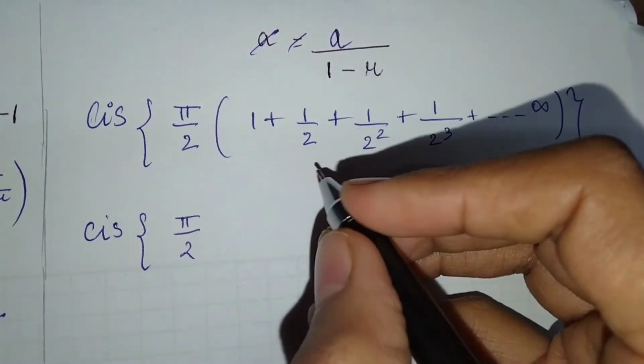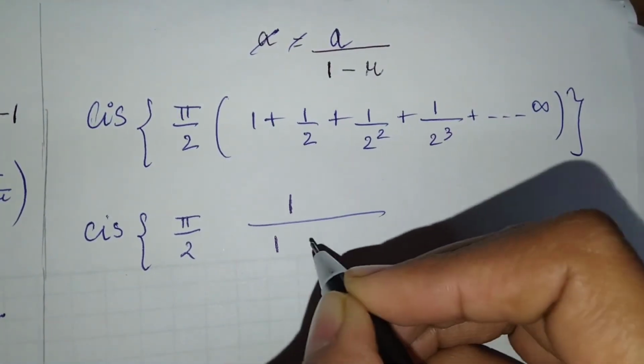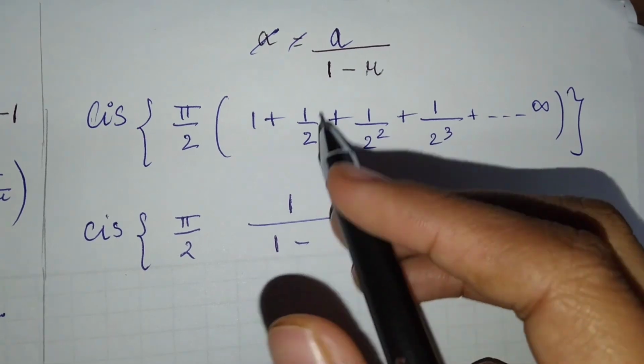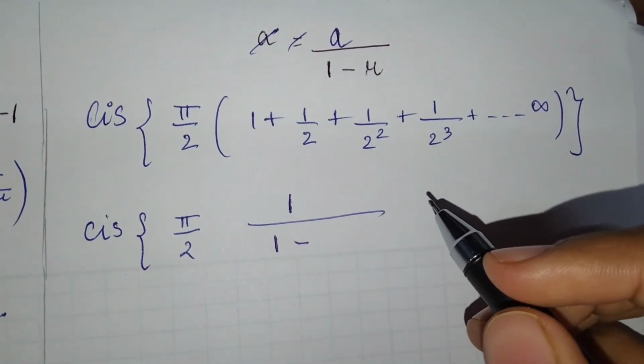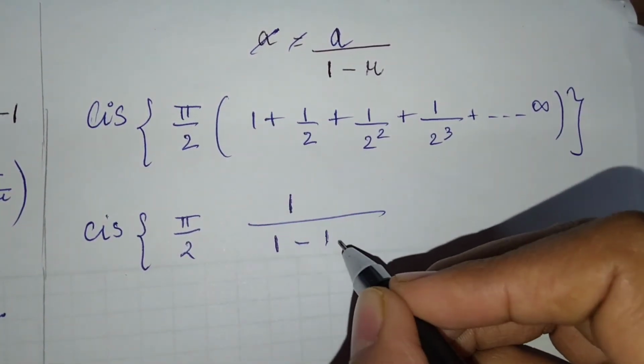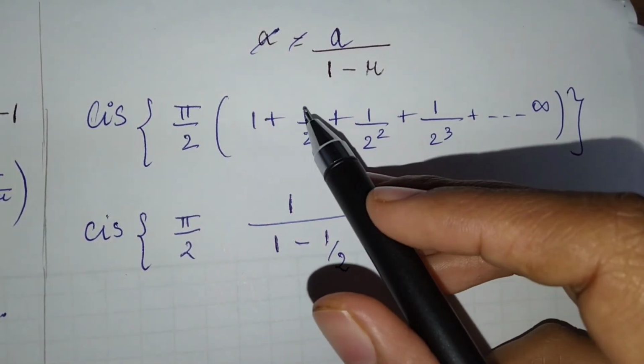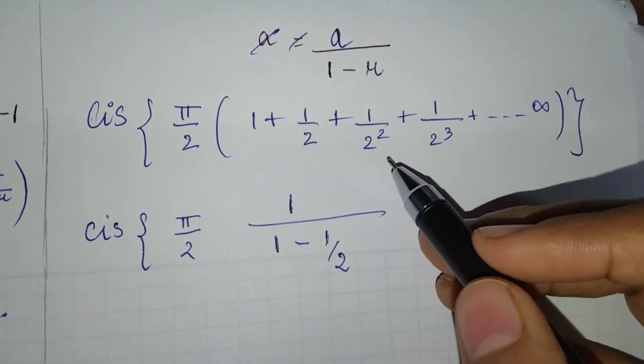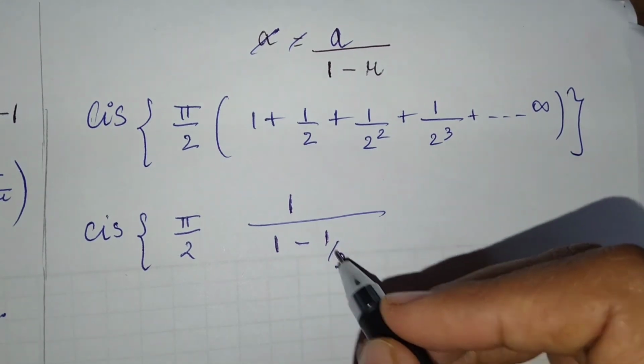Now what is our a? a is 1. So 1 upon 1 minus r, and r is the ratio between the terms, that is 1 by 2. Or if you take 1 by 4 divided by 1 by 2, then also it is 1 by 2.